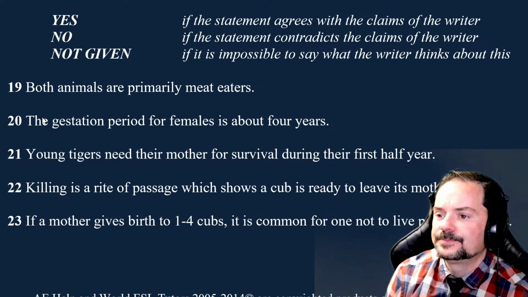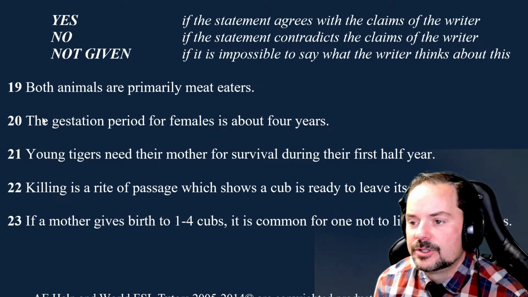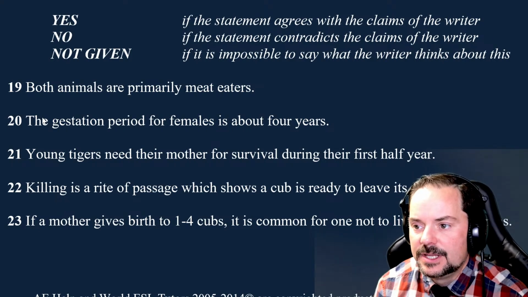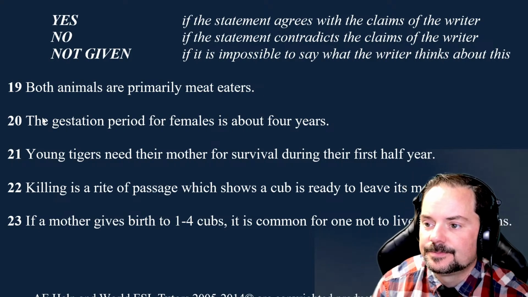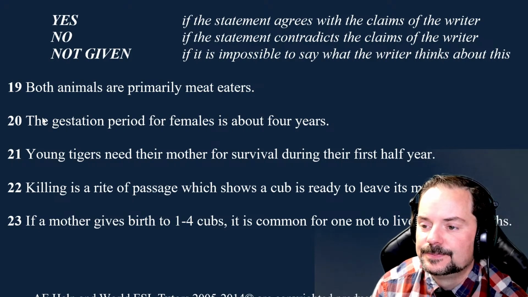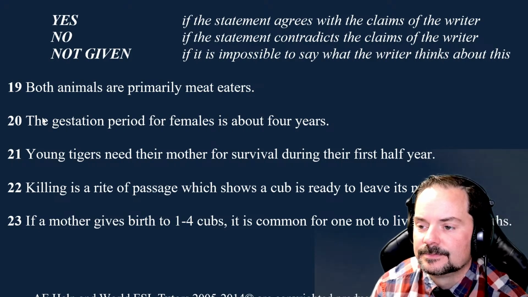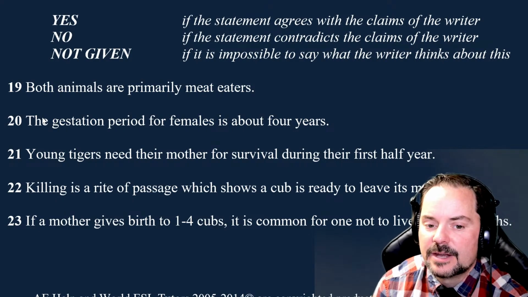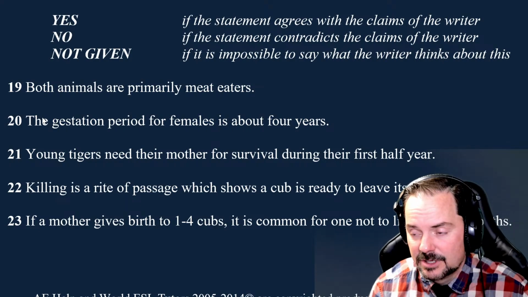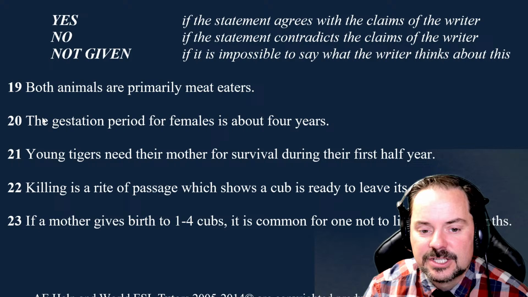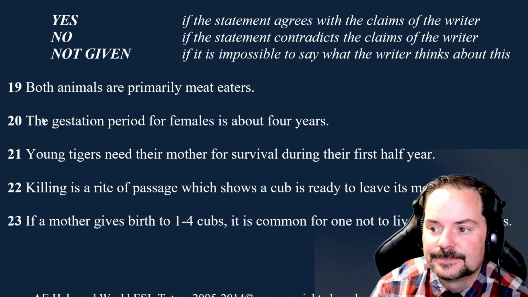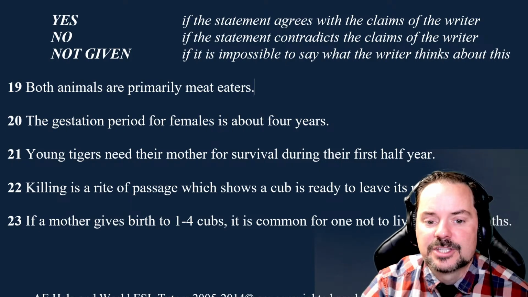Okay, first of all, Anna, is that important? Is it important to know about the diet of these tigers for the passage? It is linked with the diet of tigers. And is that important? Should we know that information? Do you think the author will give us that information in this kind of passage? Yeah. Yes, it is important. Yeah, so it has to be given.